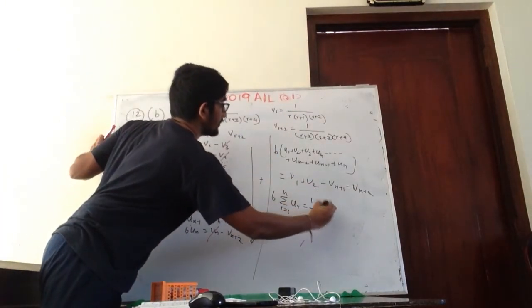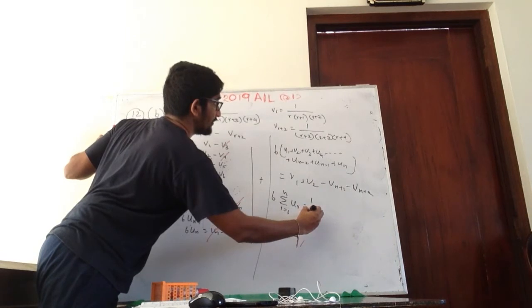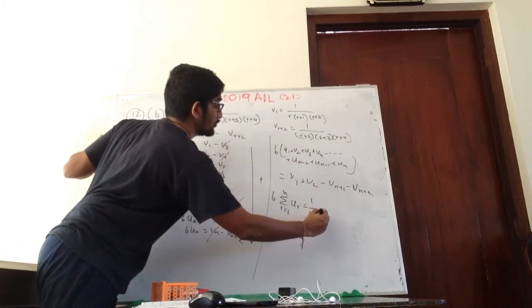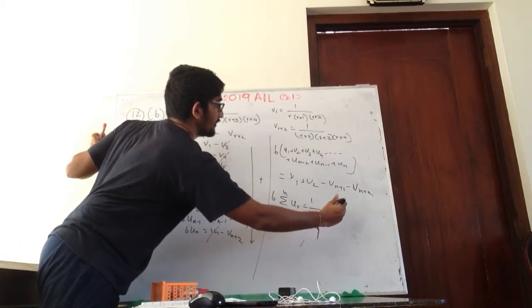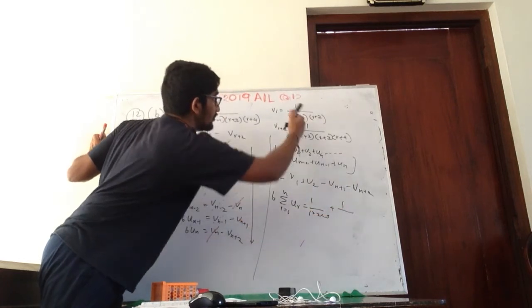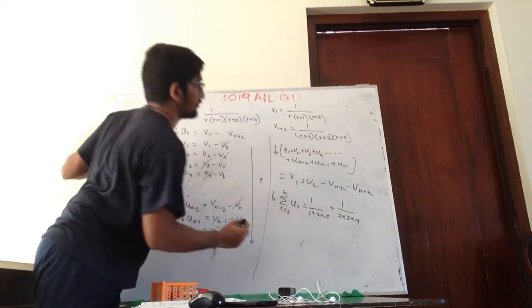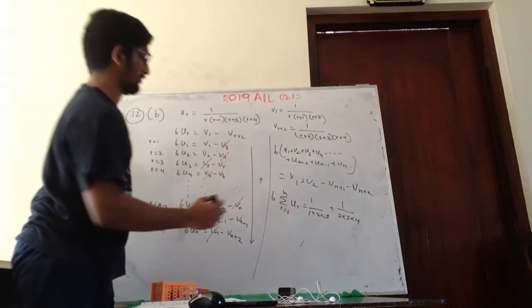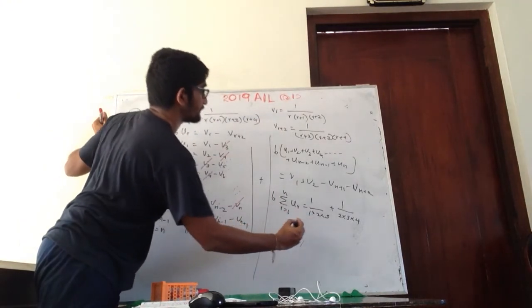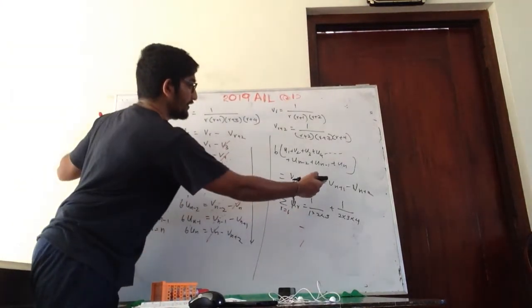That is 1 over (2)(3), plus what is V2? 1 over (3)(4), minus V(n plus 1).